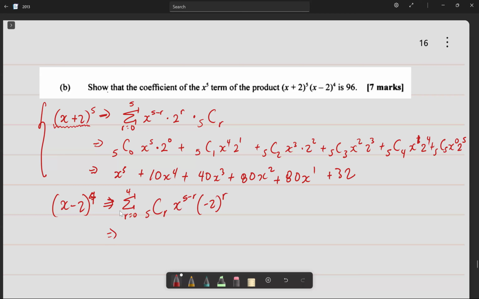So now this is going to be, do I need to write it out for you guys? I don't think so. x to the 4 minus 8x cubed plus 24x squared minus 32x plus 16.